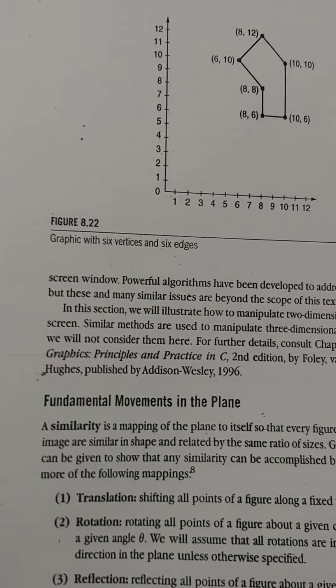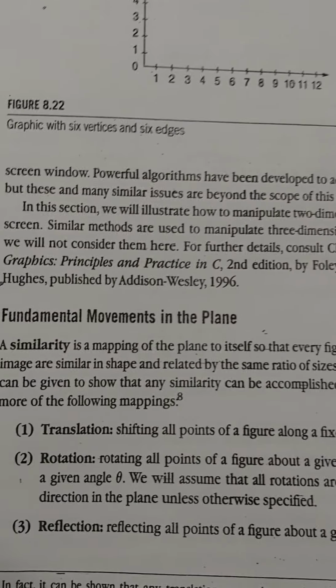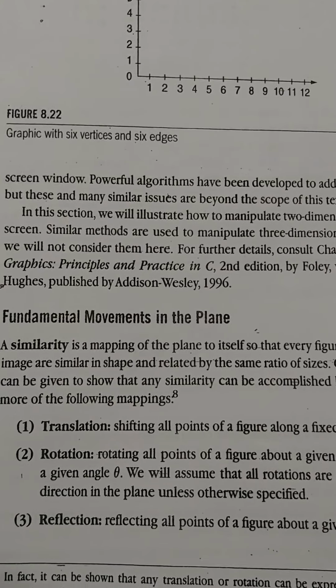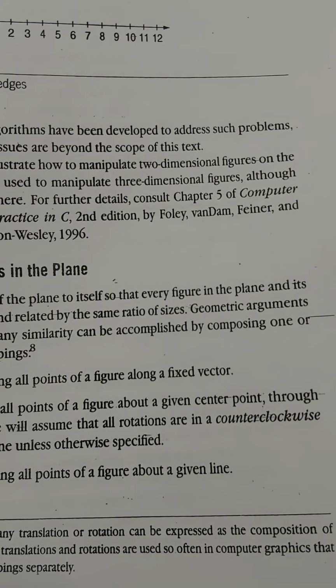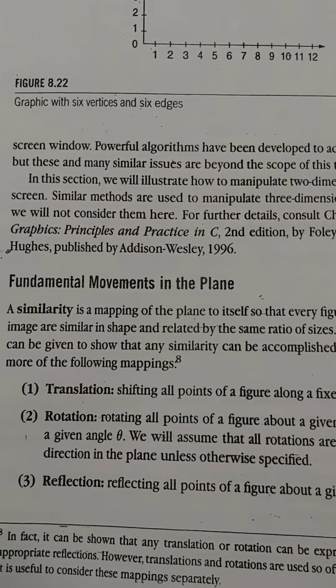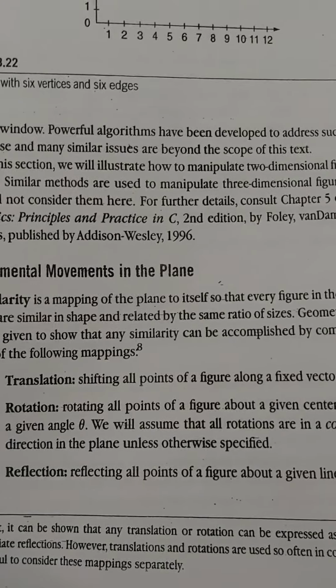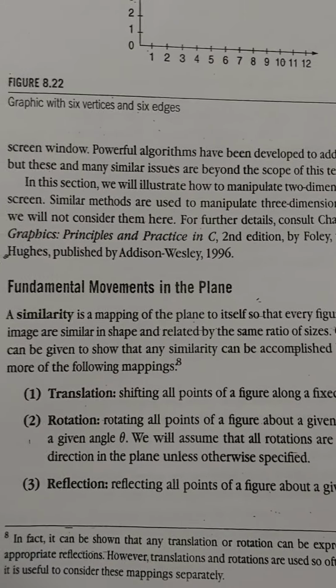Now we come to the next topic, fundamental movements in a plane. A similarity is a mapping of the plane to itself so that every figure in the plane and its images are similar in shape and related by the same ratio of sizes.